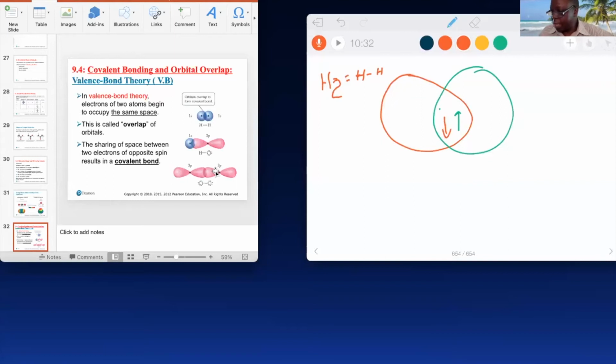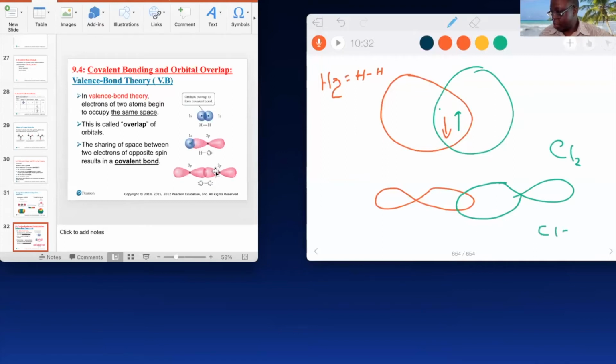So for two chlorines, Cl, Cl, if you draw the electron configuration of chlorine, the valence electron, this is the shared electron, which will now be shared in this overlap.